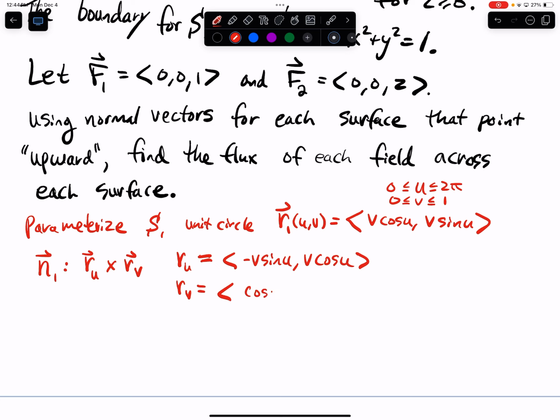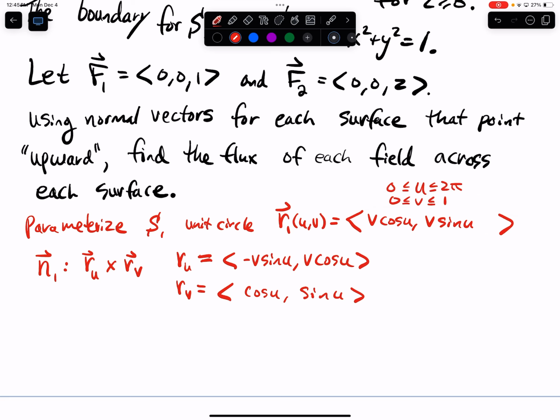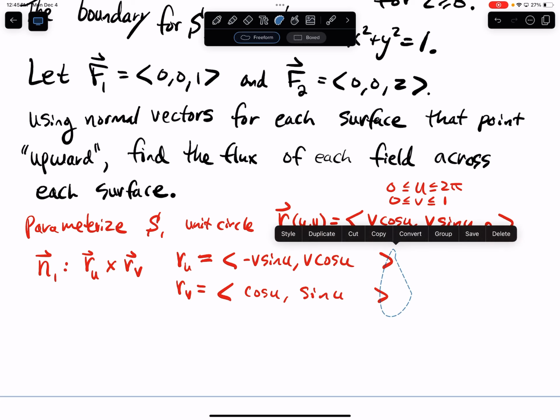Cosine U, sine U. Good. Now, I kind of screwed this one up because you don't do a cross product of a two-dimensional vector. What is the z value always on that unit disk? 0, right? On the xy plane, z is 0. So I forgot to put my 0 here. Sorry about that.